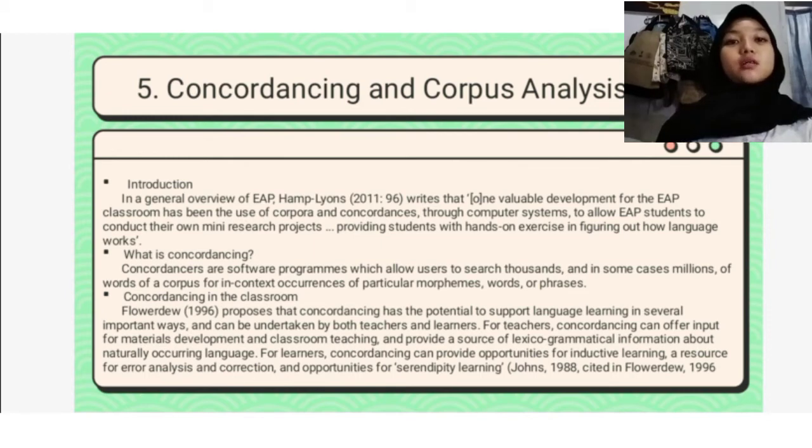A typical search returns a series of text lines aligned to allow for user analysis of how the input keyword is used in the context of genuine written or spoken text.